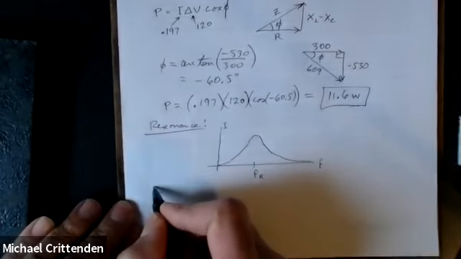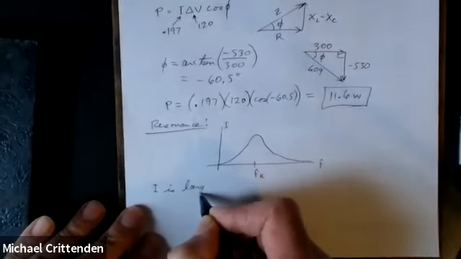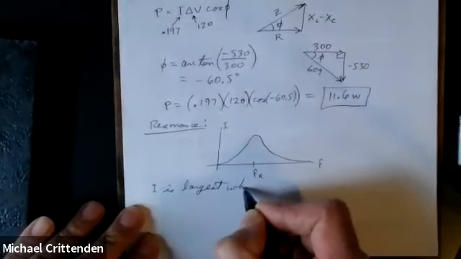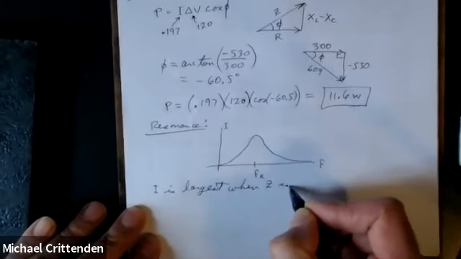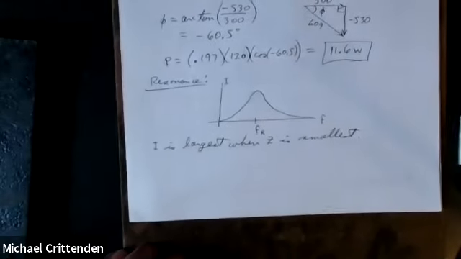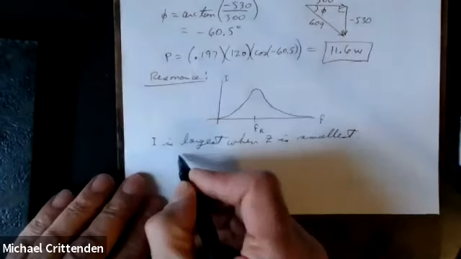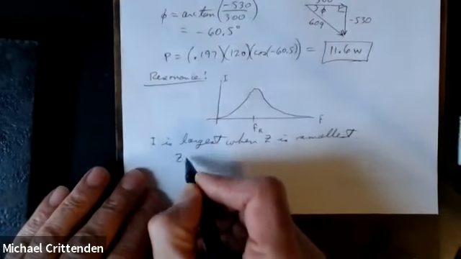The current in this circuit will be largest when the number of ohms in the circuit is smallest. Okay, V equals I times Z. Z goes down, I goes up if you're keeping the volts constant. Now, as you change frequencies, here's the formula for impedance again.